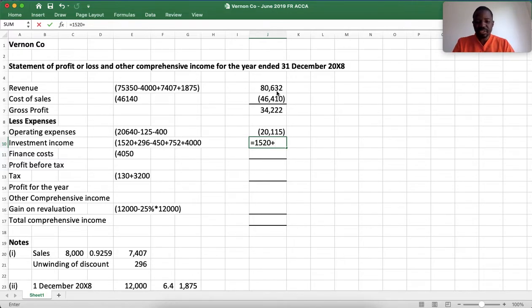We add 296. We remove 450. We add 752. We add 4 million. Our finance cost didn't change. Then we sum to get the profit before tax, like that. Then we subtract tax on that figure.